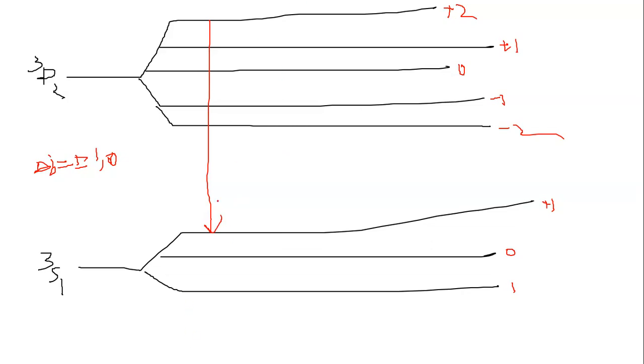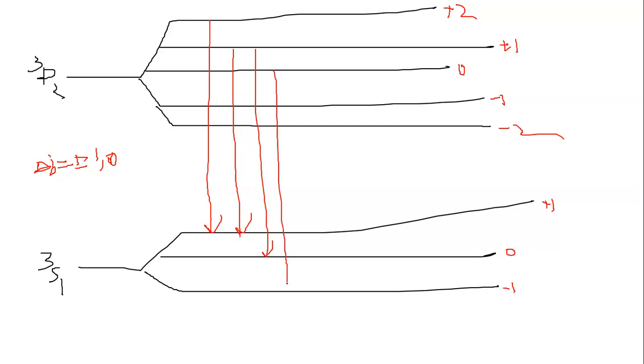There will not be any other transitions. But from plus 1, from plus 1 to plus 1 it is 0, from plus 1 to 0 the transition is possible.